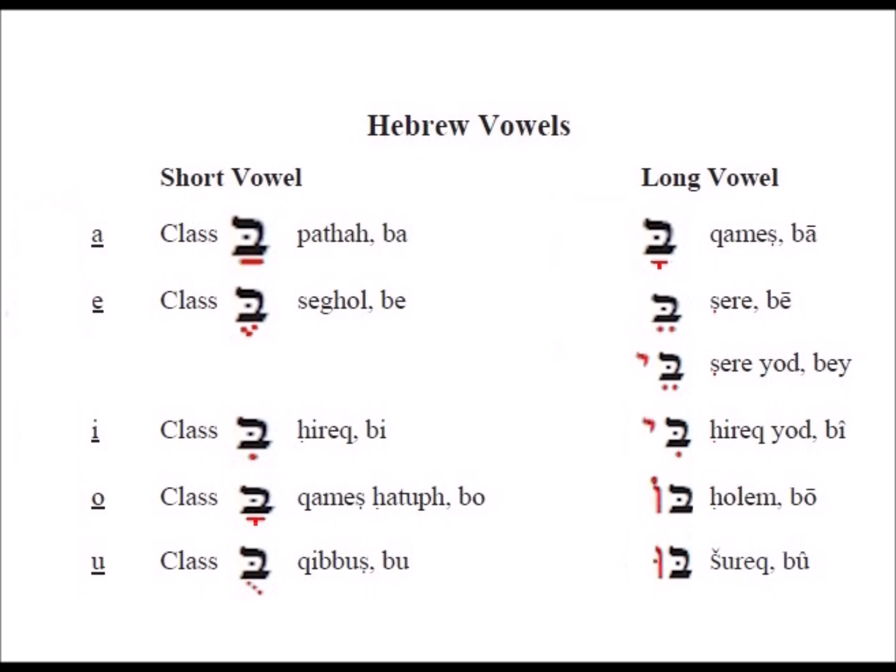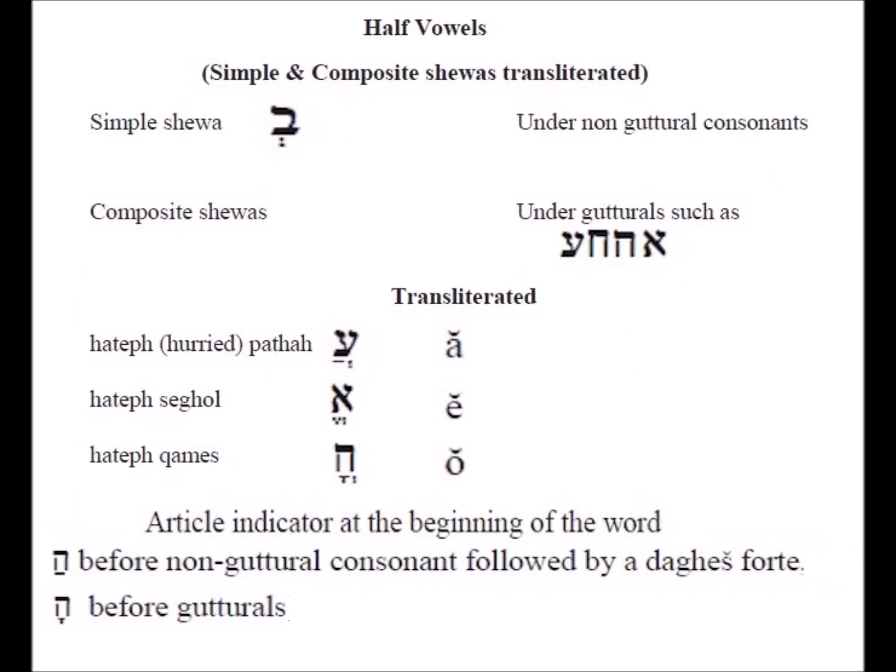And if we would go through and write them, you'll be able to see how the vowels function. They occur either after a consonant or between consonants. You then have your simple Sheva, which is two dots, like Be.